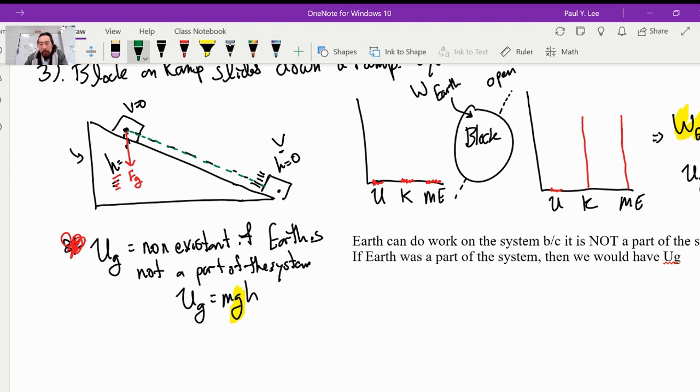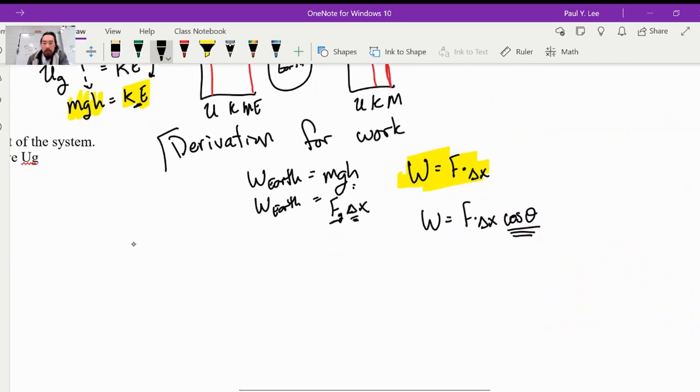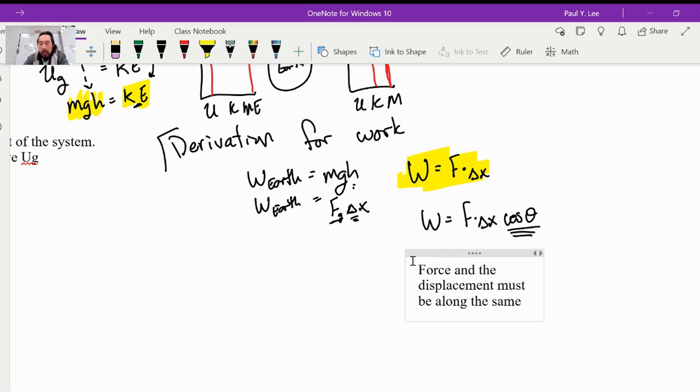What the cosine theta tells us is that the force and the displacement must be along the same axis.